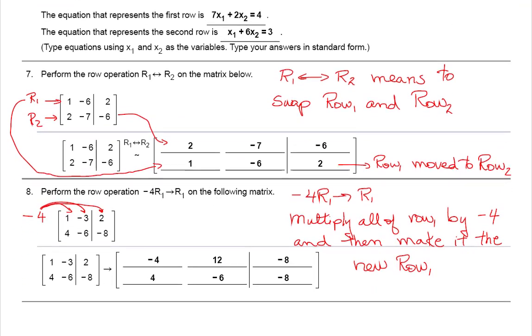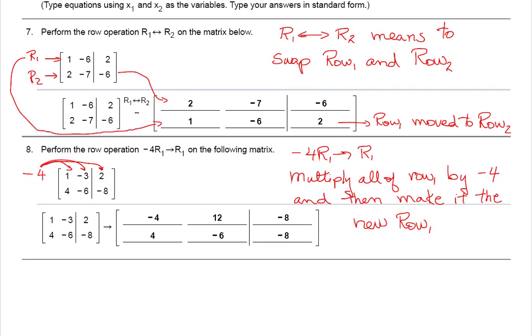In question 7, they're going to get us used to doing row operations. So here's our very first row operation, which says we can swap 2 rows. Whatever row 1 is, I'm now going to put it in row 2, and row 2 is going to become the new row 1.